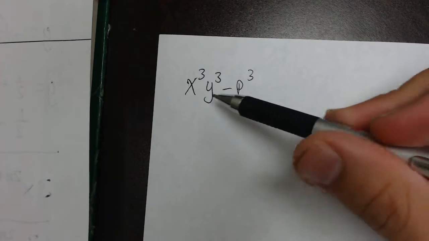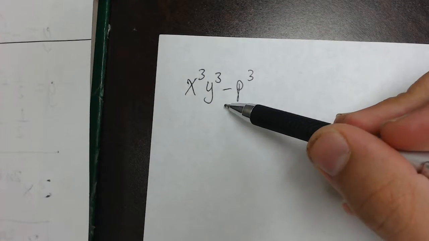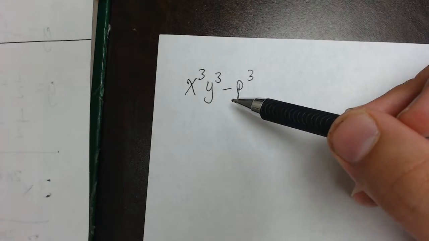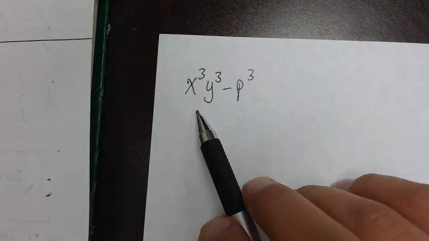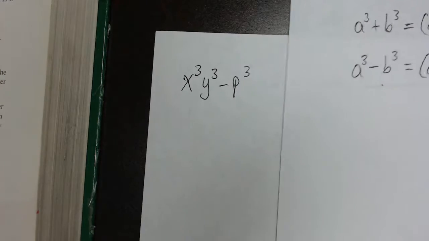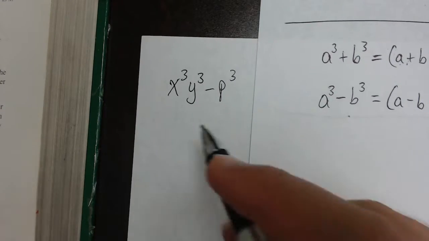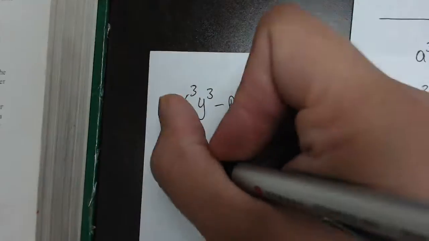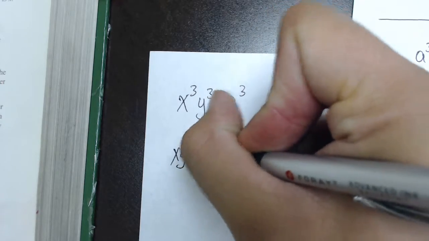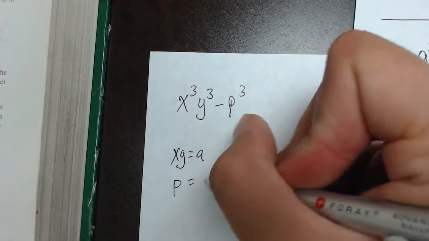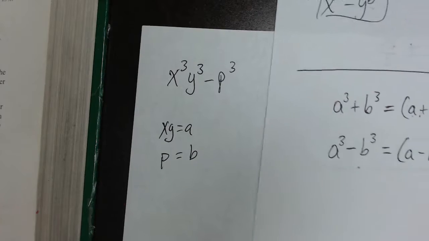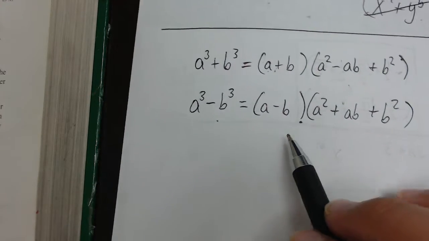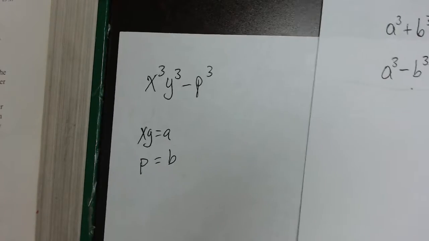So you immediately notice we have cubed elements and a subtraction sign, so this is going to be difference of two cubes. In this case, the a element is going to be xy. So we would say that xy is going to be equal to the a element, and then p is going to be equal to the b element. From there, we just have to plug them in with this formula that we've memorized.